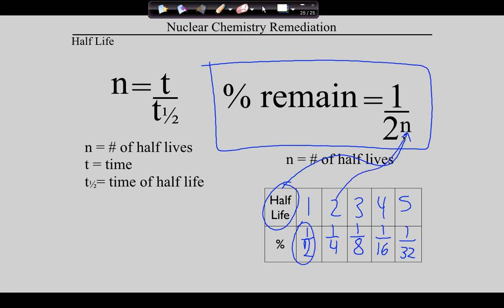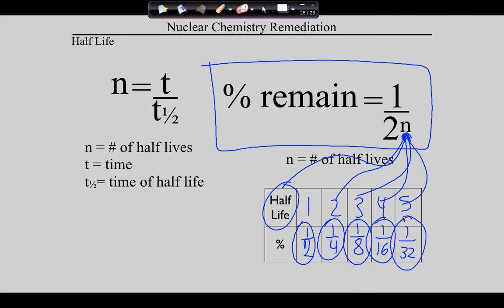If we plug in 2, 2 to the second power, remember this is an exponent so it's squared, would leave us 1/4. If we plug in 3, 2 times 2 times 2 is 8, so that would leave us 1/8. If we plug in 4, 2 to the fourth power, which is 2 times 2 times 2 times 2, is 1/16. And then if we plug in 5, that would be 1/32.